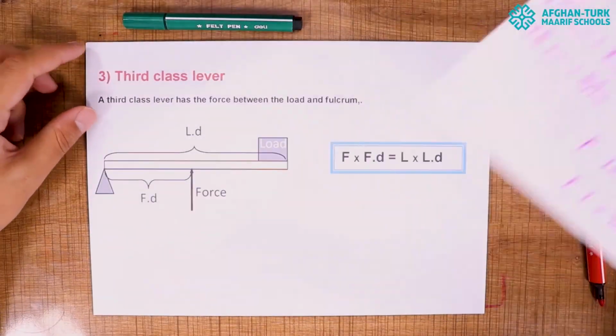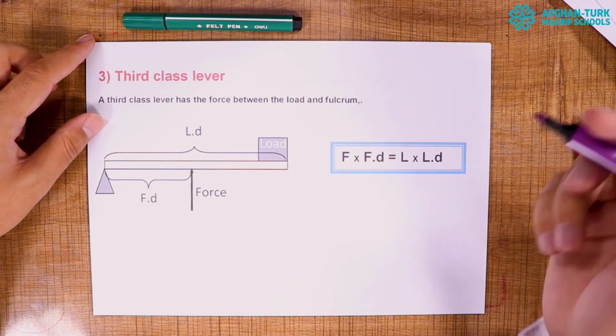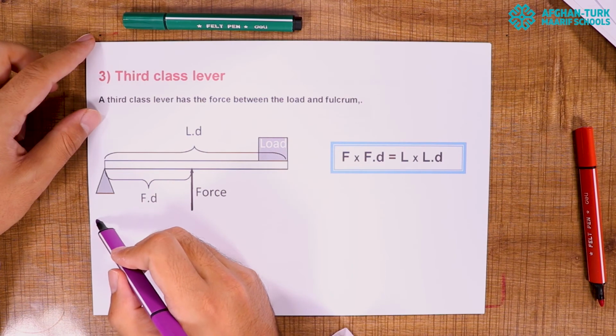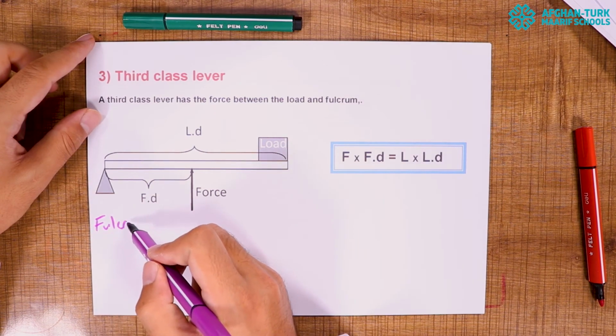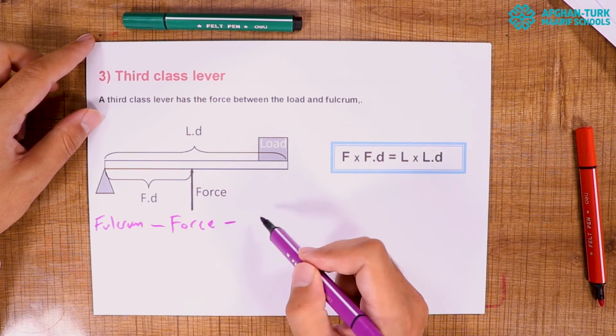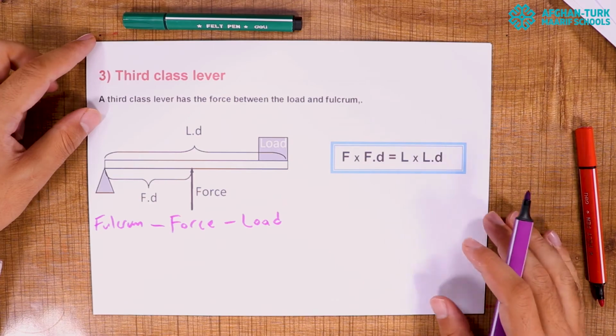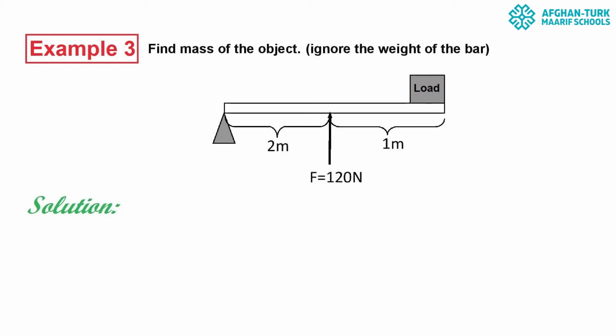Let's continue with the third class lever. Again, we have fulcrum here, force, and load. This is our final combination in levers. Let's look at the example. Find the mass of the object.